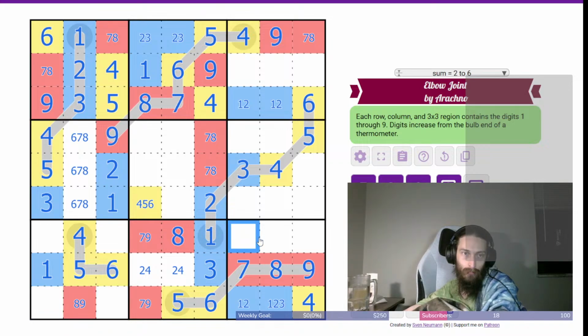Oh, 5, 6 has to go in the top of box 9, and neither one can be the last digit because there's a 5, 6 in column 9.